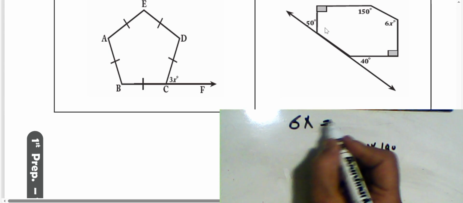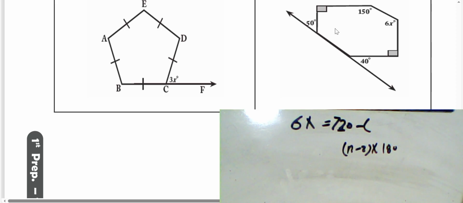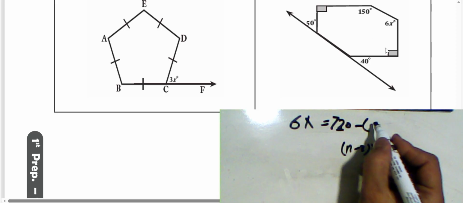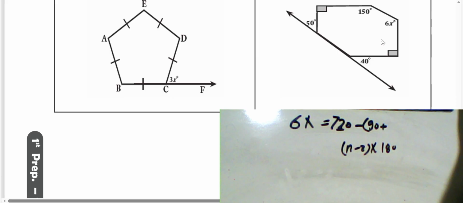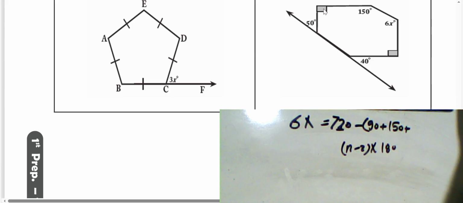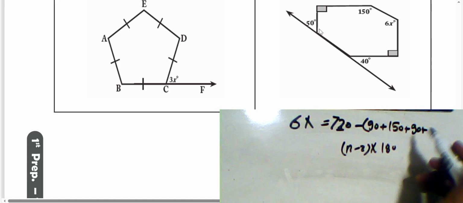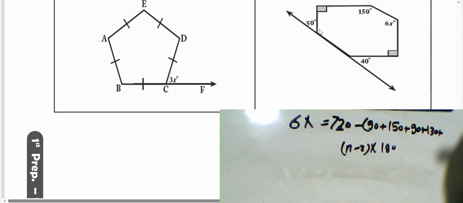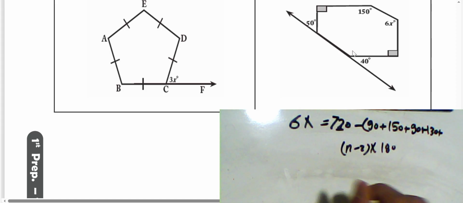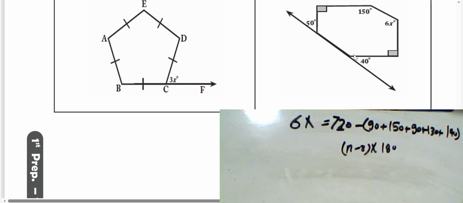Then 6x equals 720 subtract the sum of the interior angles. Listen to me. The first angle was 90, and the second angle 150, and the third angle 90. The fourth here is supplementary of 50, it will be 130 degrees. And the fifth angle here will be 180 subtract 40 equals 140 degrees, because they are supplementary angles here.